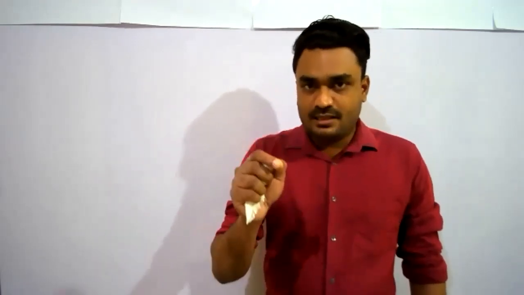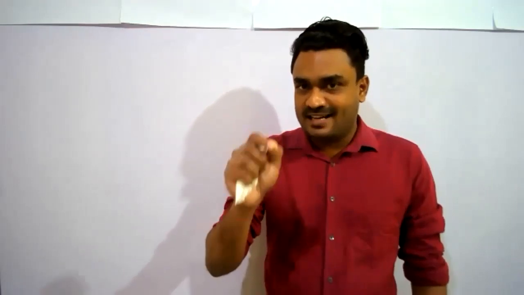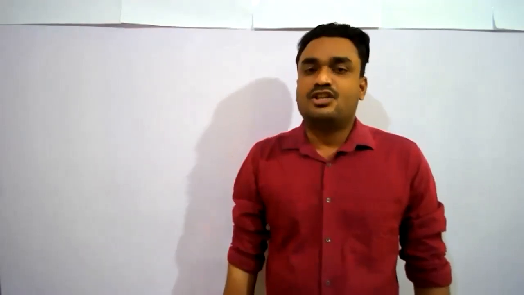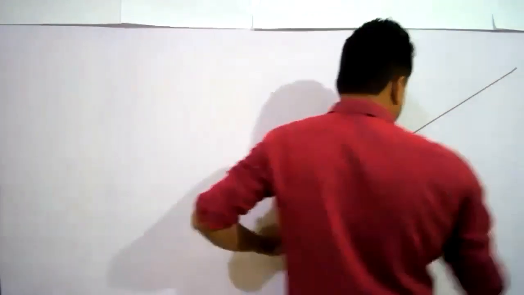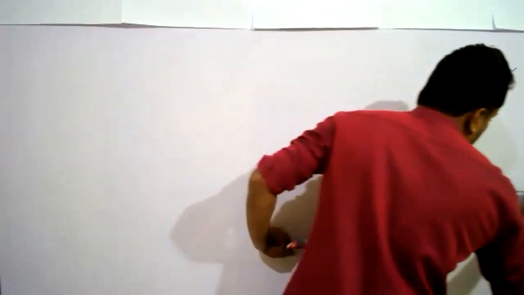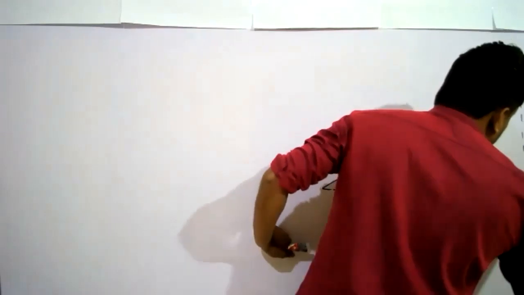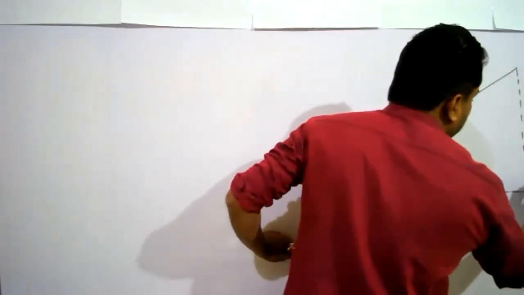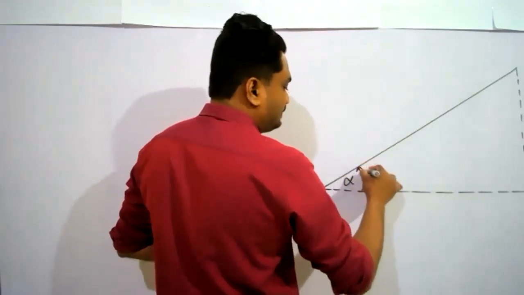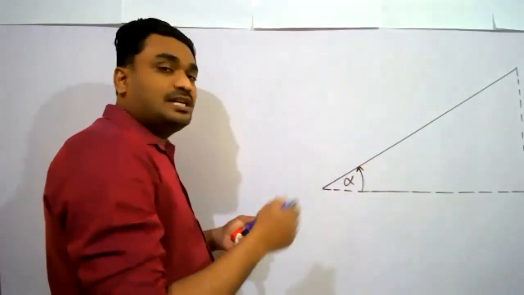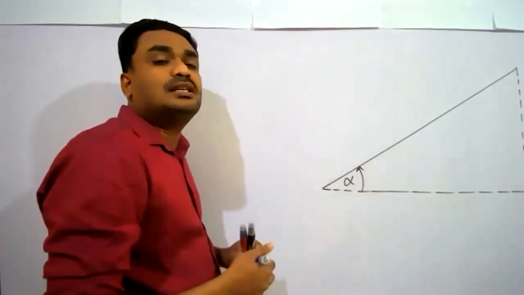Look at the board here. Let's say there is an inclined plane, right? An object is moving along this inclined plane. Let's say this angle is 90 degrees. Let me take this angle as alpha. So an object is moving along this smooth inclined plane.